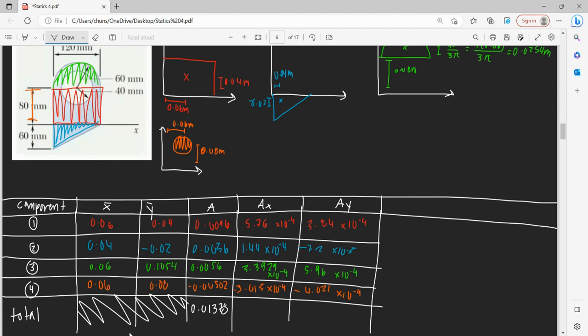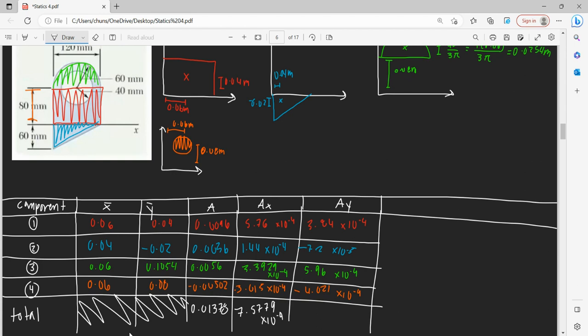Then our AX, so that's 5.76 times 10 to the negative 4, plus 1.44 times 10 to the negative 4, plus 3.3929 times 10 to the negative 4, and then minus our last one. So this is 7.5779 times 10 to the negative 4.